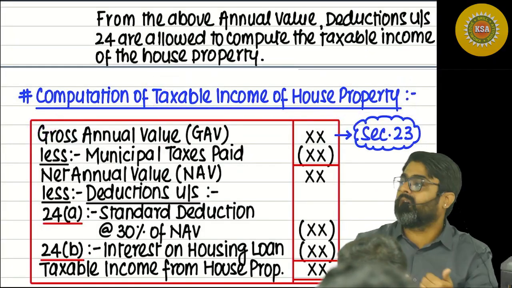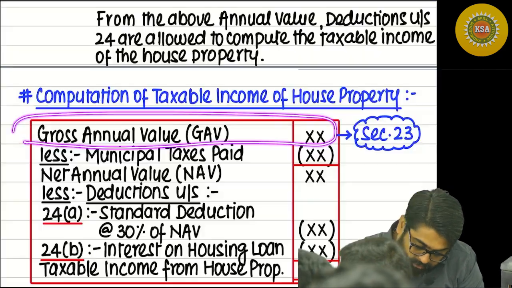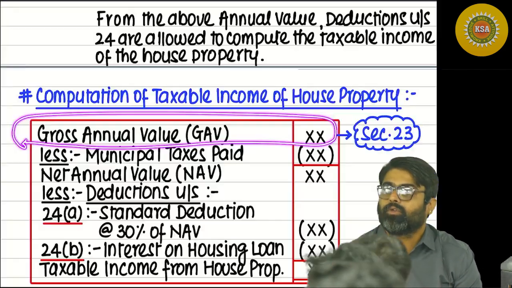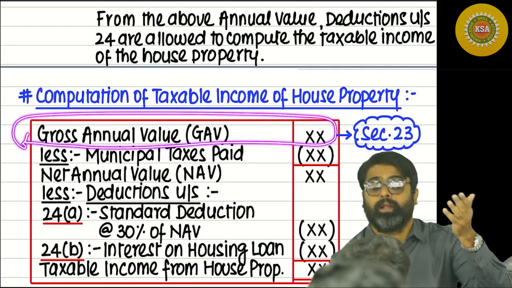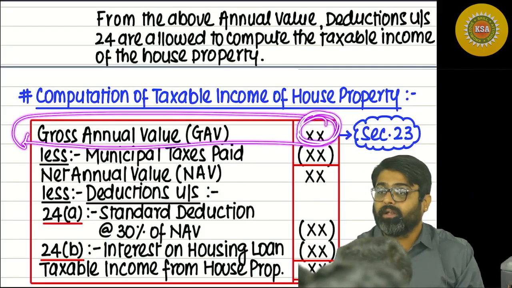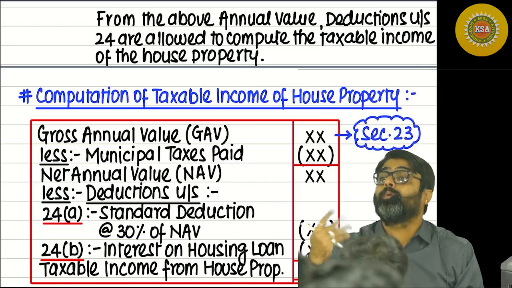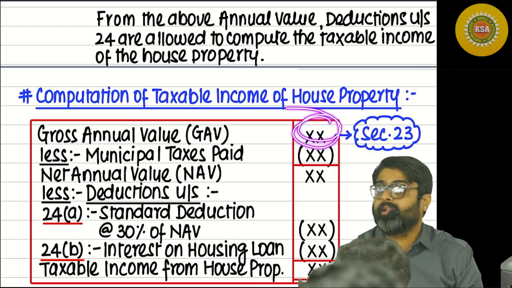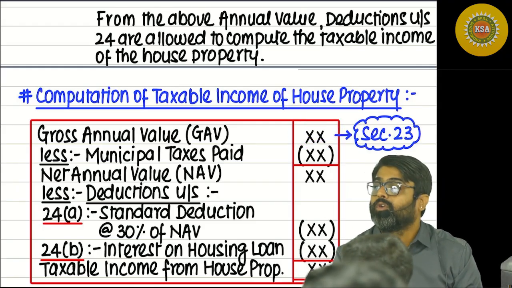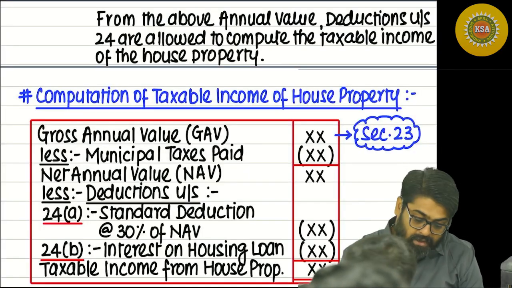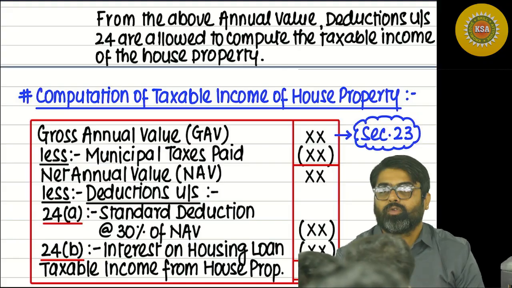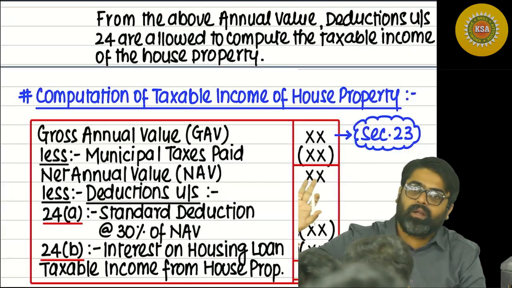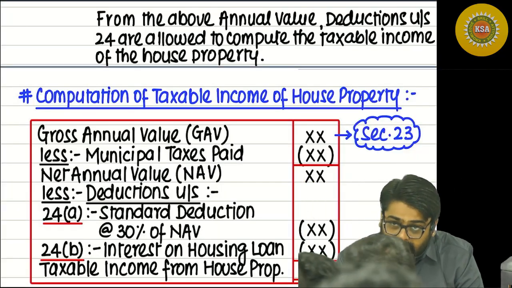So we are first learning how to determine this for different properties. For a let out property, how to determine. For a self-occupied property, this will directly be taken as nil for 2 SOPs. For a deemed to be let out property, how to determine this GAV? So we are at the first step, how to determine the gross annual value, for different types of properties.